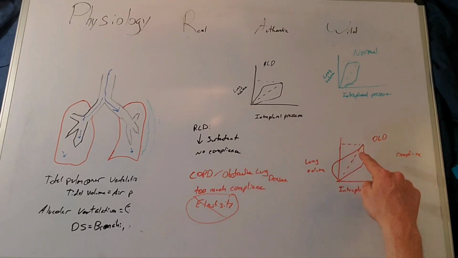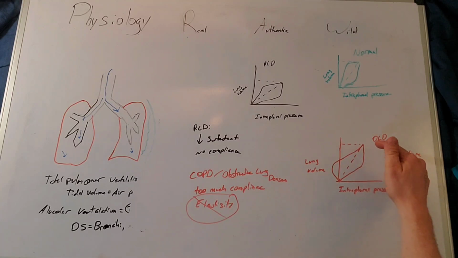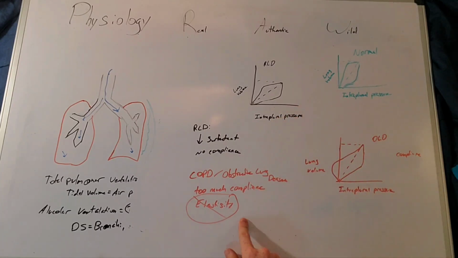So this is characterized by maybe when you're exhaling, it's not enough just to relax your diaphragm and your intercostal muscles, because there's not enough elasticity in your lung. So maybe even the alveolar sacs are damaged.